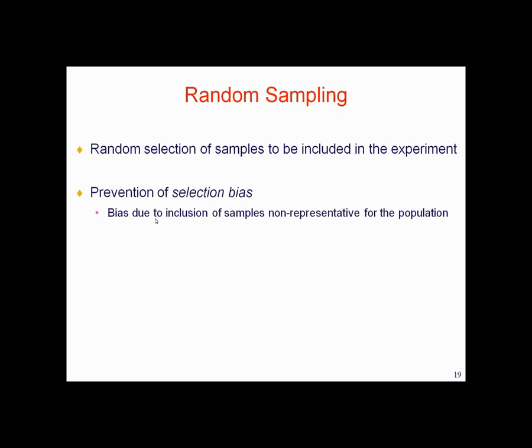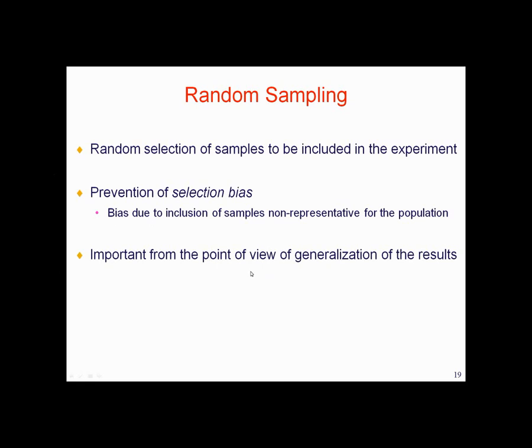If you have non-representative samples and then you try to generalize your results to the population, you will make an error, you will have a bias, because the samples will not describe the population, will not be representative of the whole mixture of subjects in the population. So it is important to use random sampling from the point of view of generalization of the results.